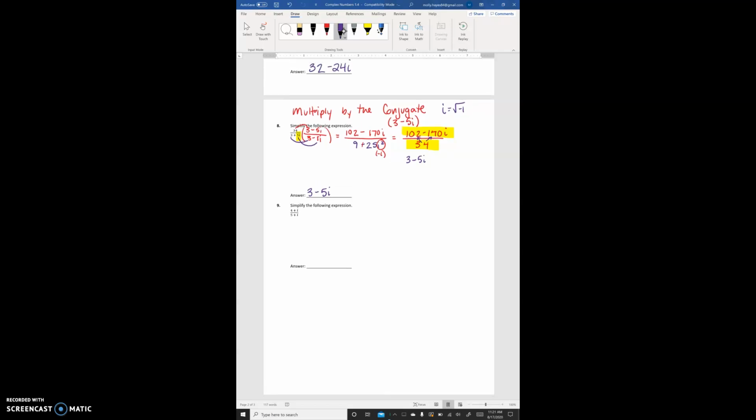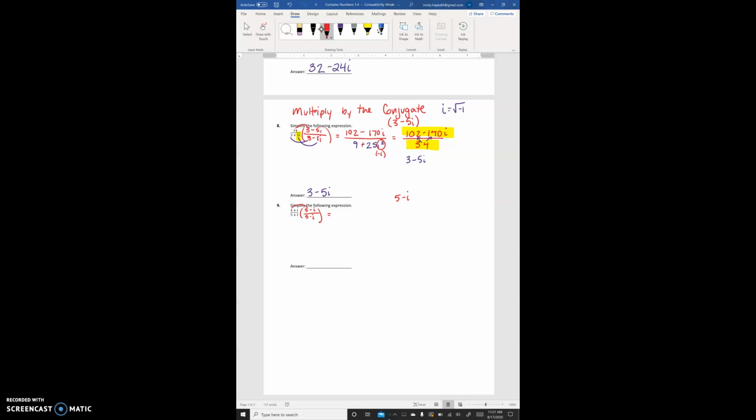Number 9, we need to do the same thing, multiply by the conjugate. So the conjugate is 5 minus i here. All right, in the numerator, we're going to have to multiply this out.